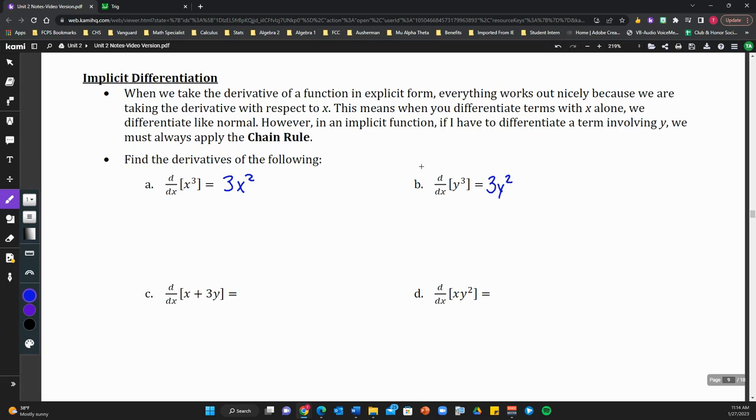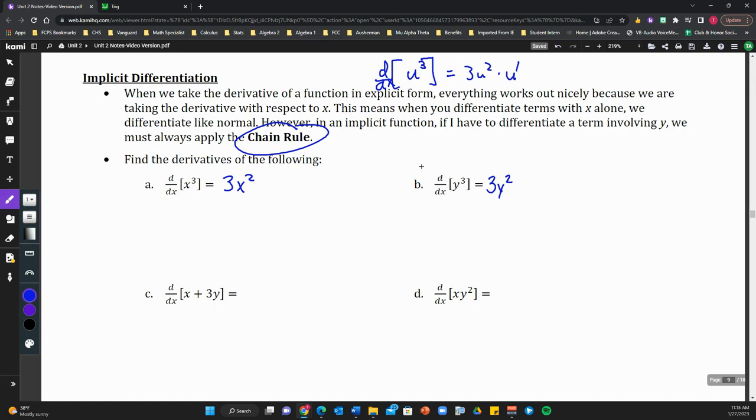The difference is the chain rule says that when our variable of differentiation does not match up with the variable that we're taking the derivative to, we have to apply the chain rule. Again, we've seen that when I've taken the derivative of u cubed in the past with respect to x, we always have to write that as 3u squared times du dx, or we traditionally use the u prime notation.